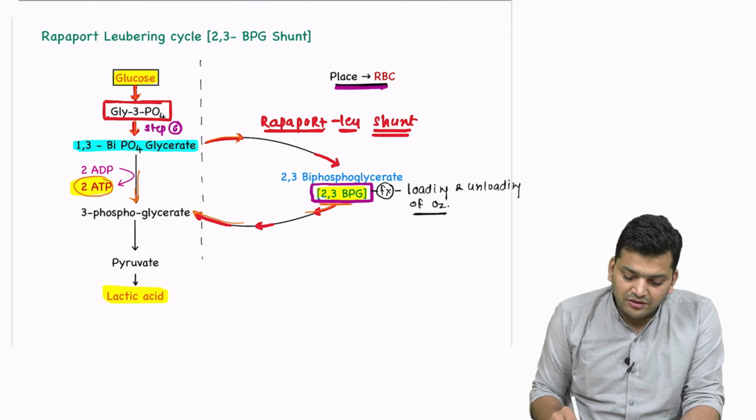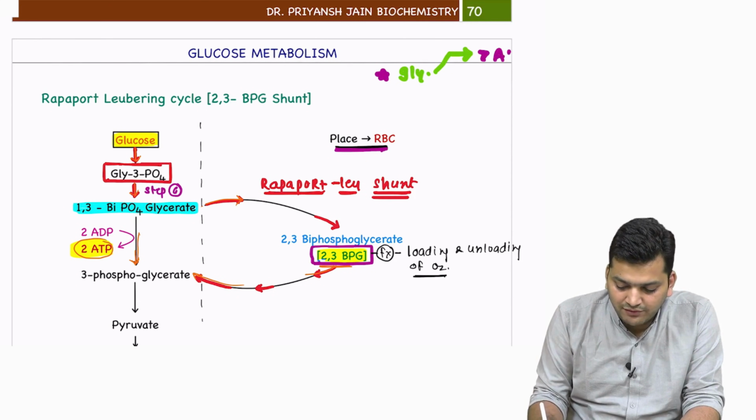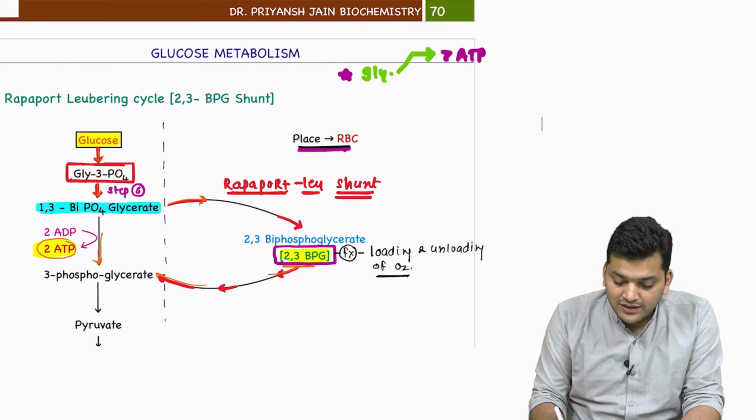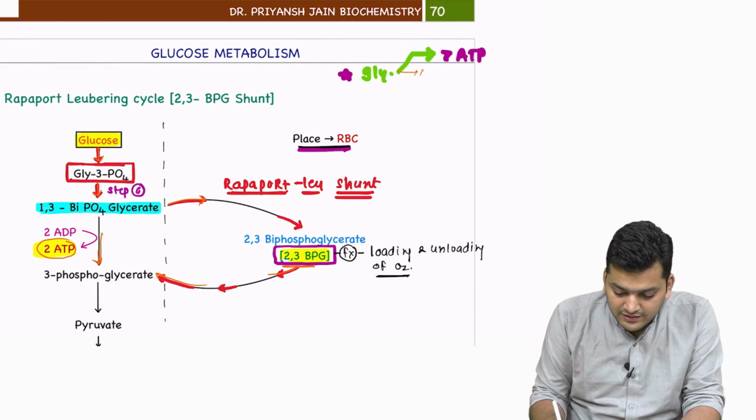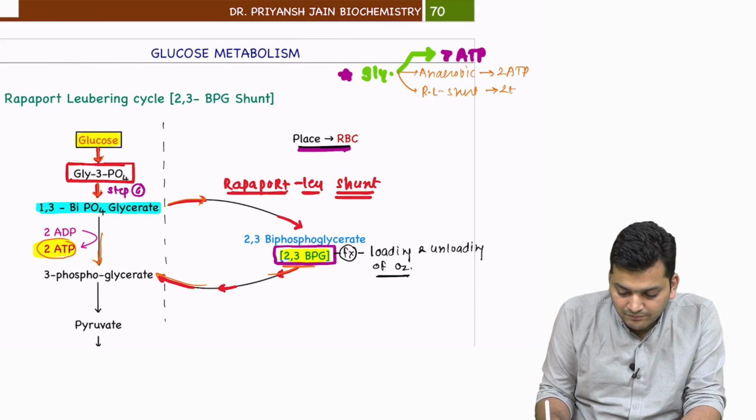So there are 3-4 questions that we have understood from the glycolysis. If they say glycolysis gives how much ATP and nothing is specified, then the answer is going to be 7 ATPs. But if they specifically use the word anaerobic glycolysis, then the answer is going to be 2 ATPs. And if they say Rapoport-Luebering shunt, then the answer is going to be 0 ATPs.